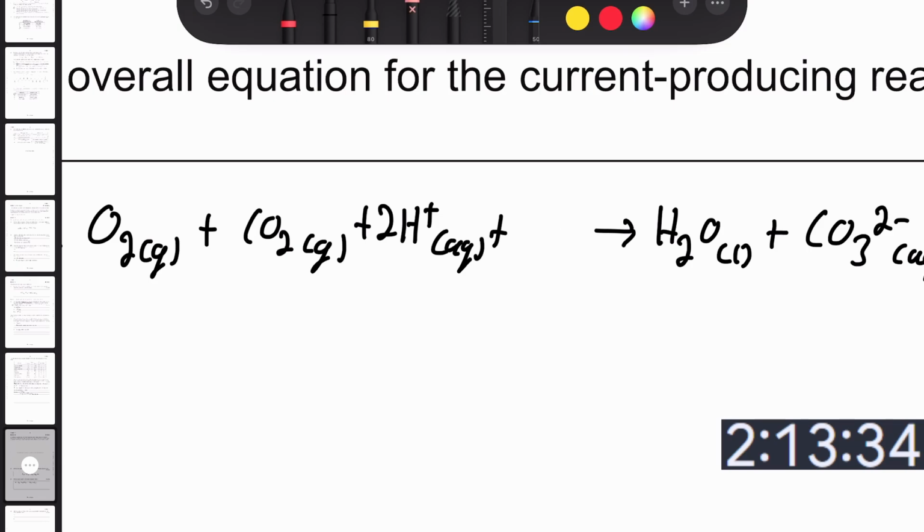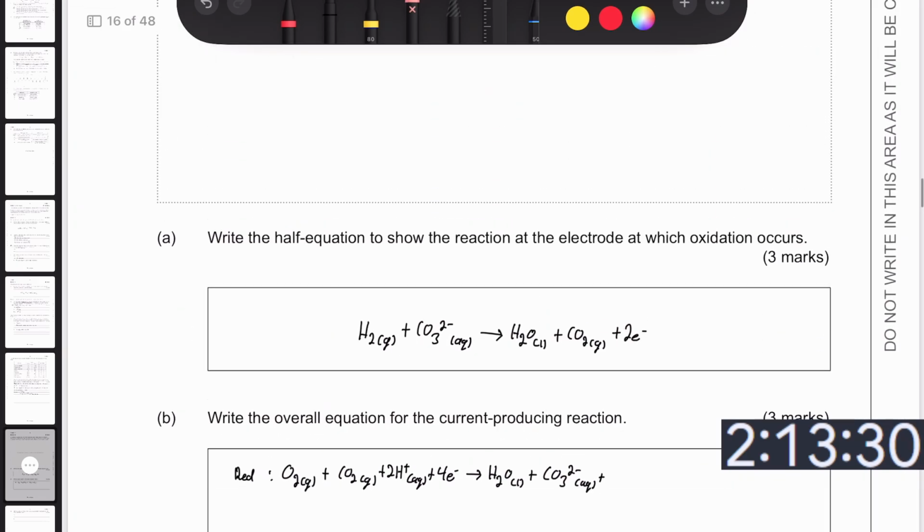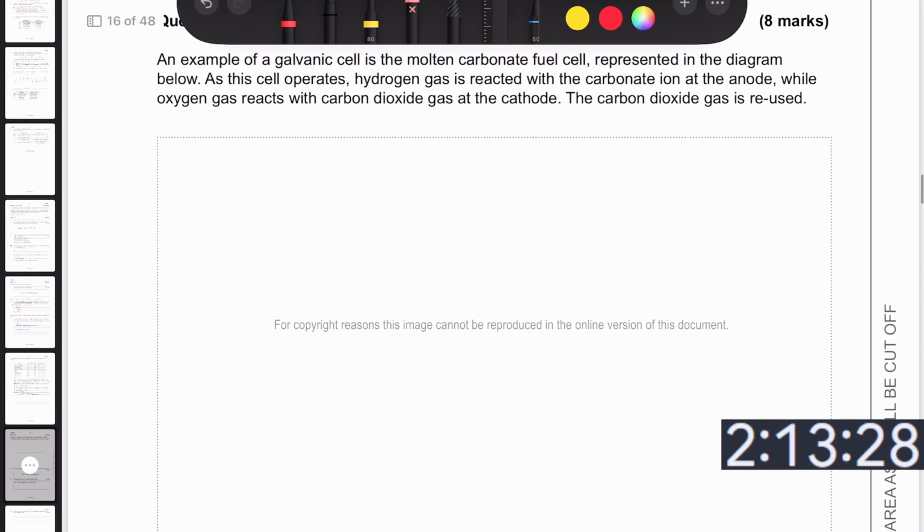Am I cooking? I don't think I'm cooking. I might not use this question if there was information in the image. Actually, here's what I'm going to do. I'm going to pull up an image of a molten carbonate cell and see what it looks like.